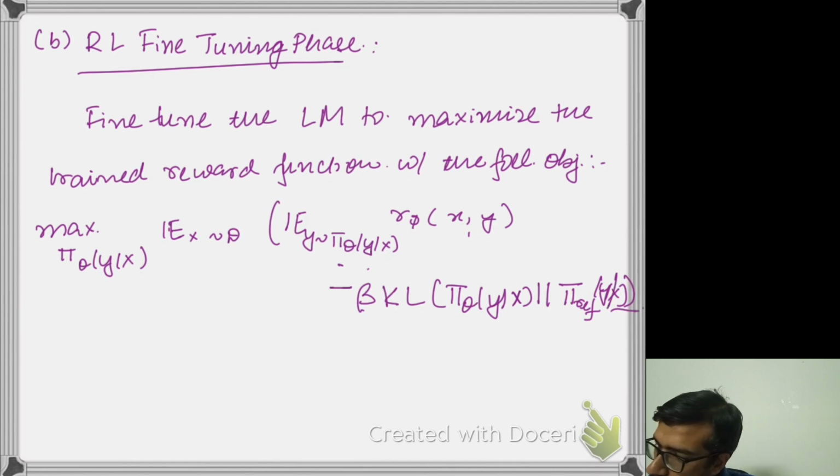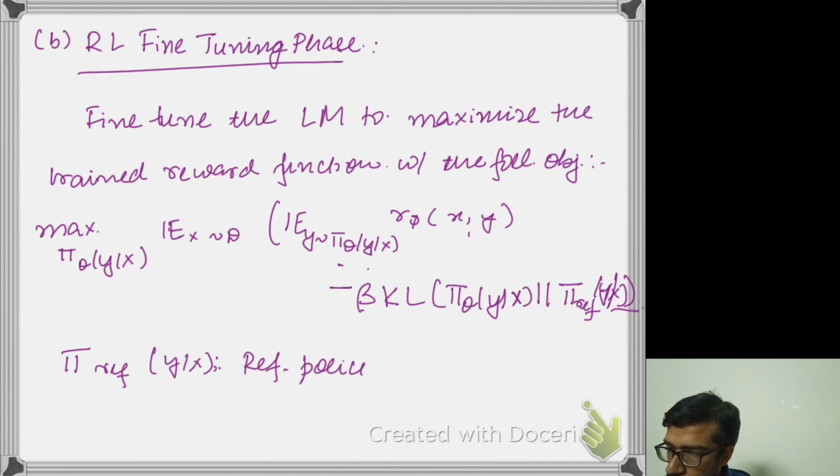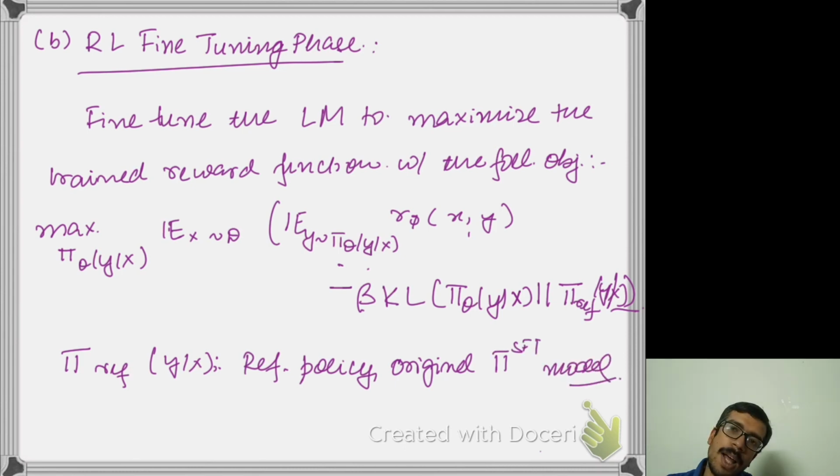Now, pi ref of y given x could be a base or a reference policy which can come, for example, from the initial SFT model, right? So basically the original pi SFT model. Before you begin RLHF, there is a supervised fine-tuned model which you already have, and you can use that as the reference policy.